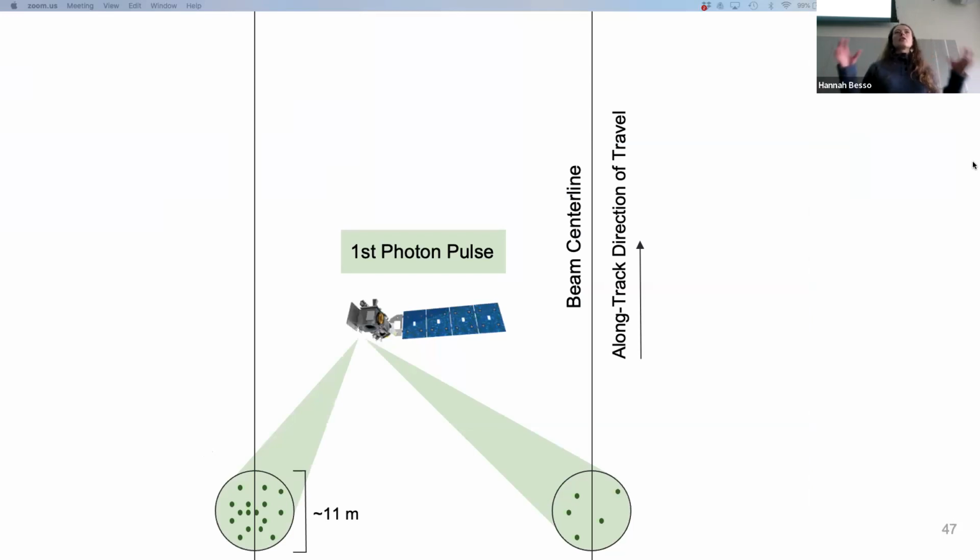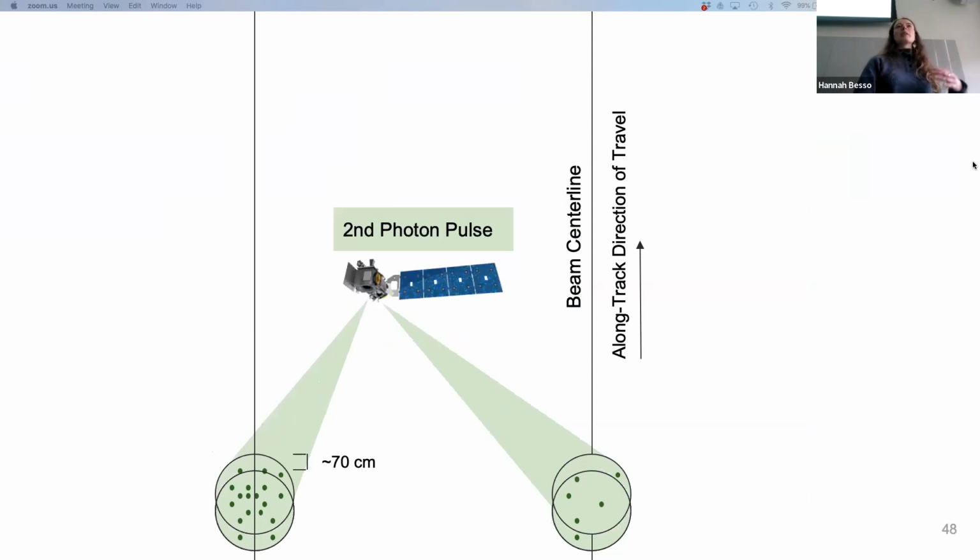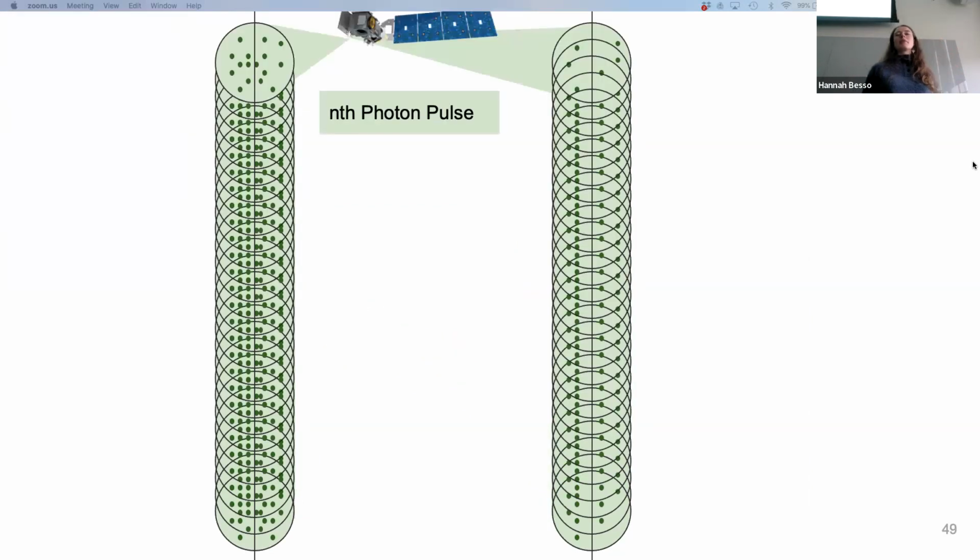And these photons are centered around a ground track that the satellite is orbiting over. Approximately every 70 centimeters on the ground, the satellite sends out a new photon pulse. And as it continues to orbit, these pulses of photons end up giving us information distributed about this ground track.